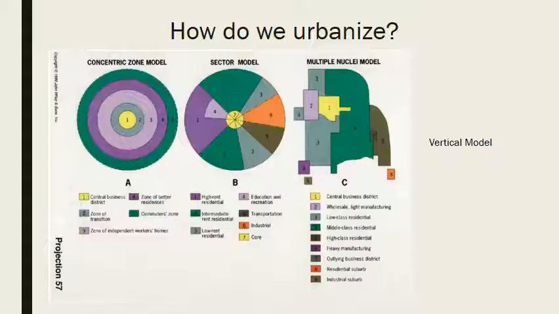The last thing is the vertical model, which is the newer model that we're using, and it's especially popular in Asian countries, particularly Tokyo, Shanghai, and parts of coastal China. The vertical model builds up or down rather than spreading out, and makes use of mixed use zoning, where commercial and residential areas are able to be together.